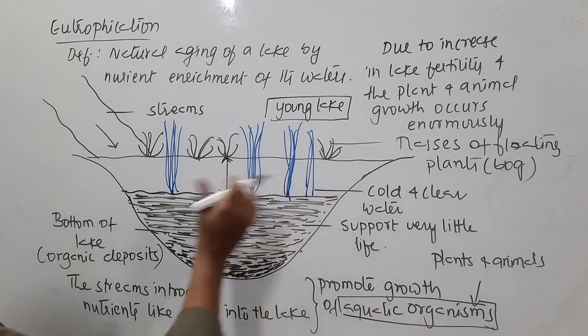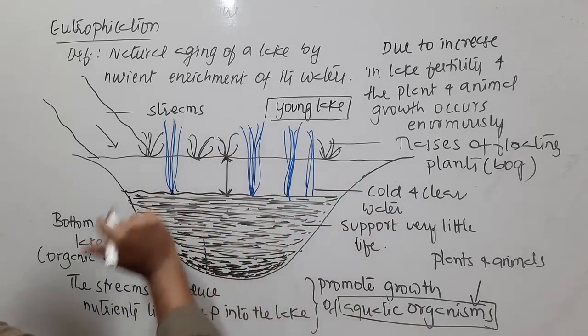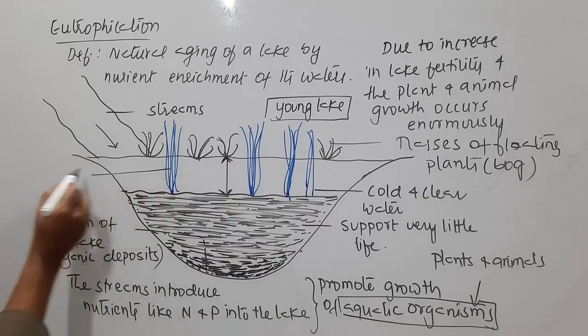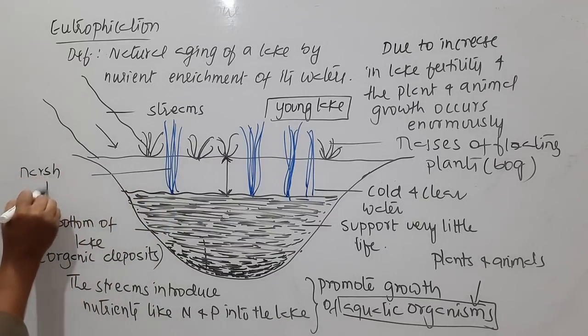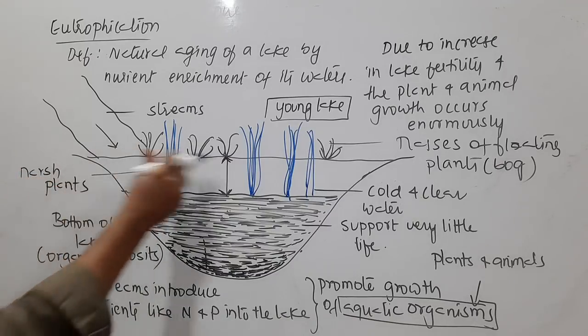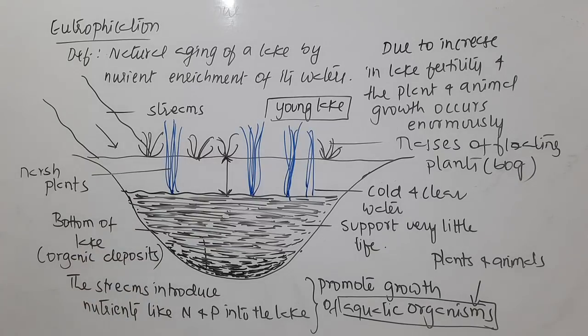You can see here, these are marsh plants, and masses of floating plants are growing in these shallower water bodies.